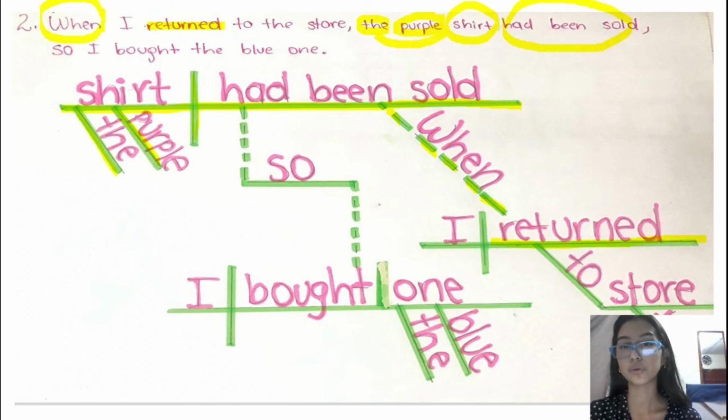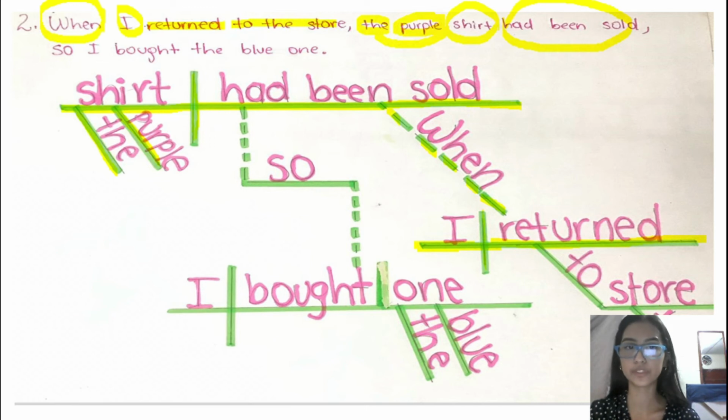Then we are going to separate the predicate from the subject, and we are going to write the straight line. Then we look for the simple subject, and it is I. So I is going to be written here on a horizontal line. We notice that we have a prepositional phrase, that is to the store.